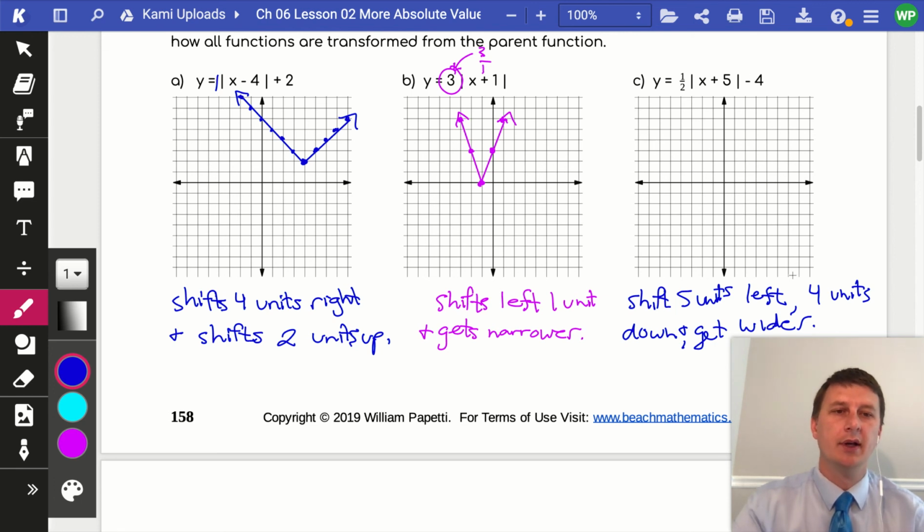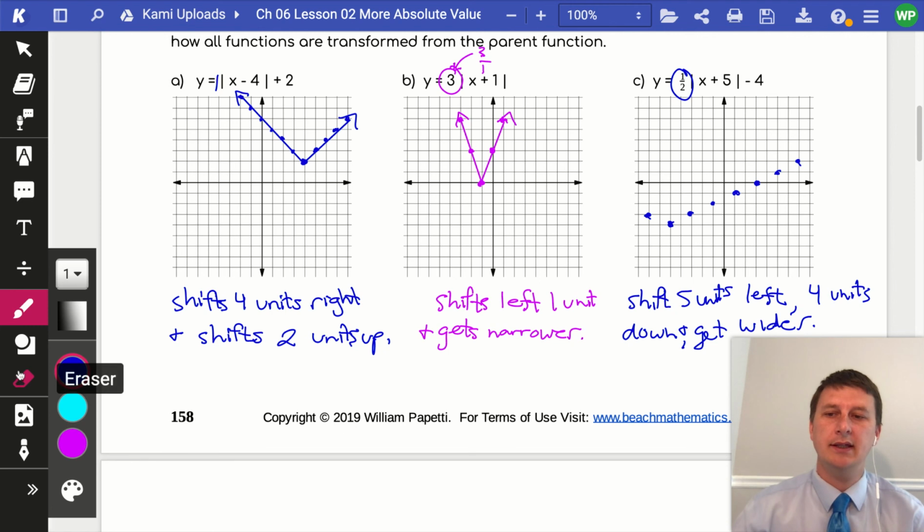So again, we're going to start with our vertex here, and we know our vertex is going to be 5 units to the left of the origin, 1, 2, 3, 4, 5, and 4 units down, 1, 2, 3, 4. And we also know our slope of this is going to be 1/2. So from here, we're going to go up 1 over 2 until we run out of room, which we just did, and then up 1 over 2 in the other direction until we run out of room, which is going to be a little bit longer of a line on this side, but that's okay because we could still see the V-shaped graph.